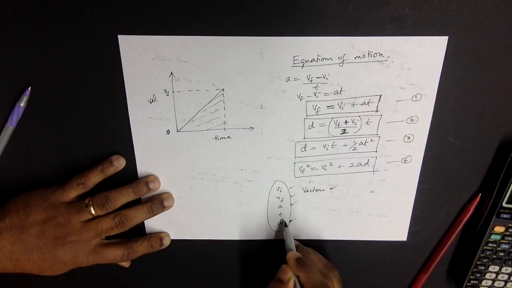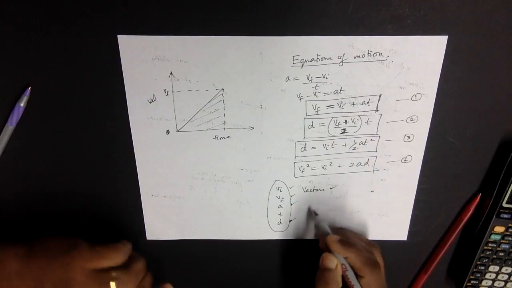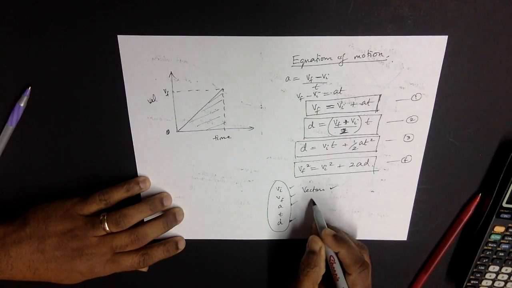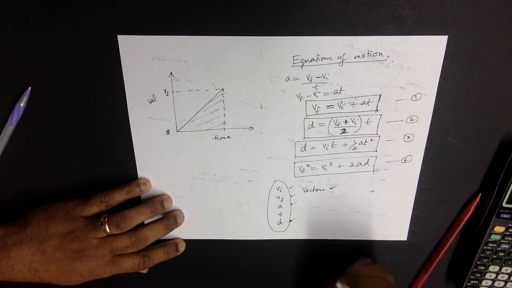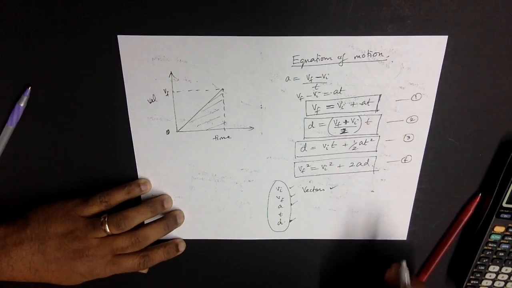And why do I have to stress on this fact? That's because if it's a vector quantity, you need to be specific about its direction. So if you have a velocity going upward, you have to take it as positive. Anything downward, take it as negative.